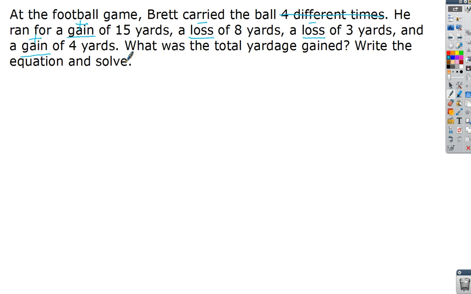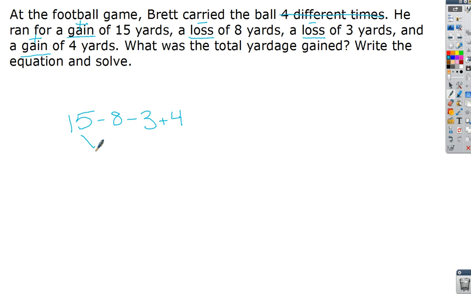Okay, let's go ahead and solve our problem. He ran at a gain of 15 yards, so it's a positive 15 plus, a gain of 15 yards. Then it says a loss of 8 yards, so minus 8, a loss of 3 yards, so minus 3, and a gain of 4 yards, so plus 4.